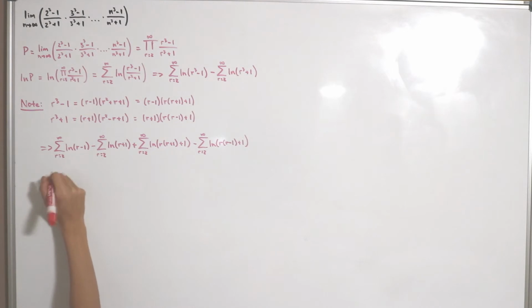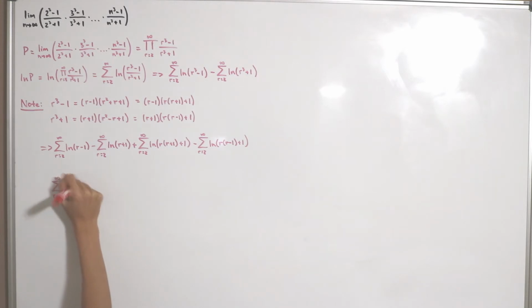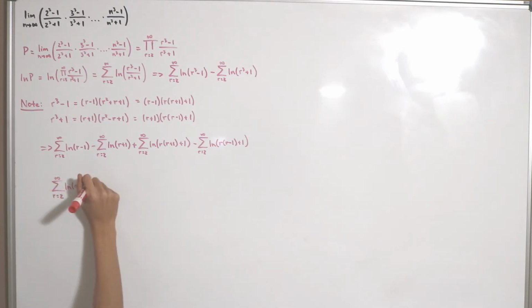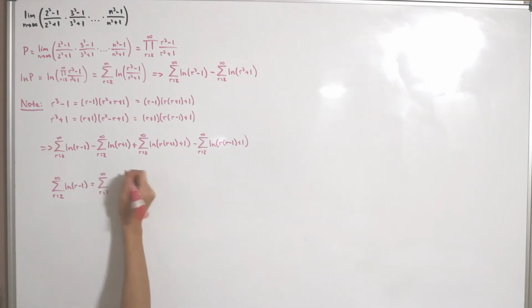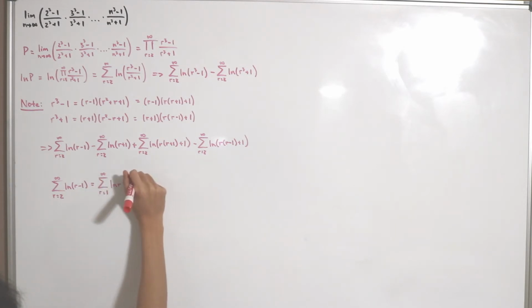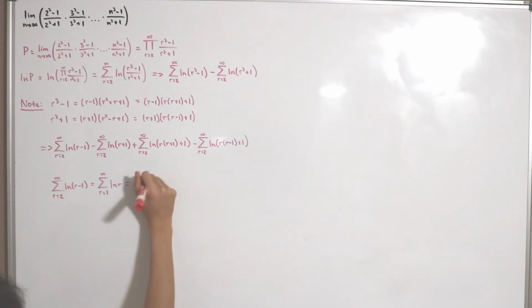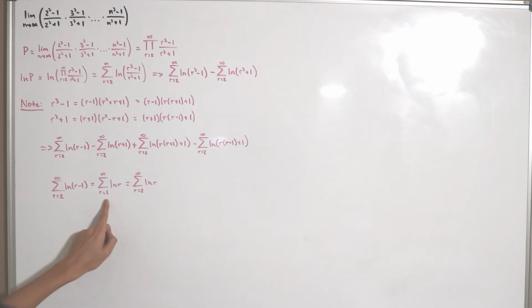Again, another note, the summation of r equals 2 of ln of r minus 1. This is actually the same thing as if our index starts at 1, but that'll simply mean it's just ln of r. But this is also equivalent when the index starts at 2 of ln of r. Why is that? Because if we were to evaluate r equal to 1 of ln of r, that's actually 0.